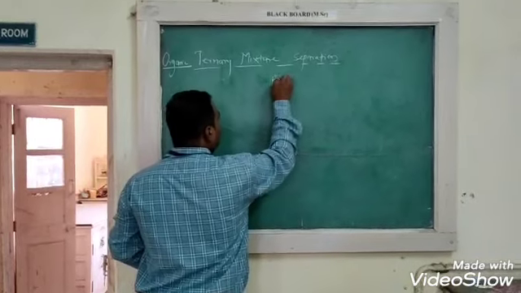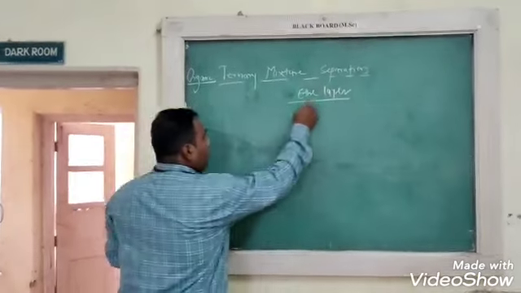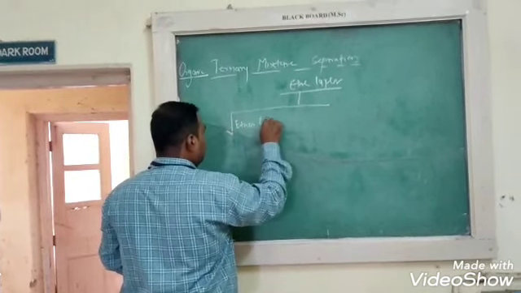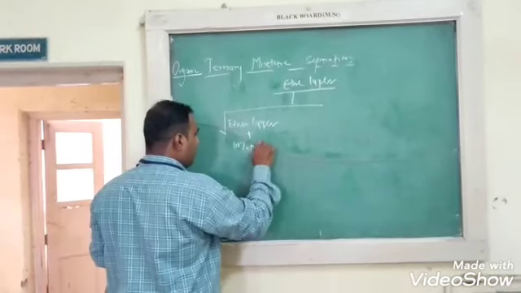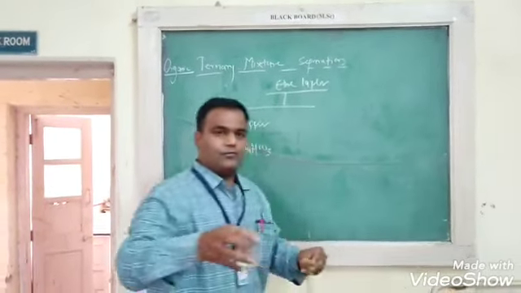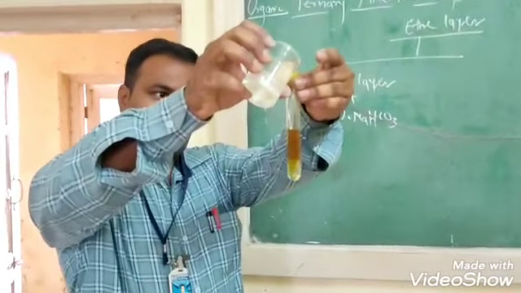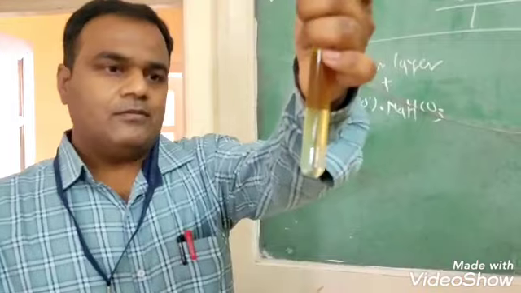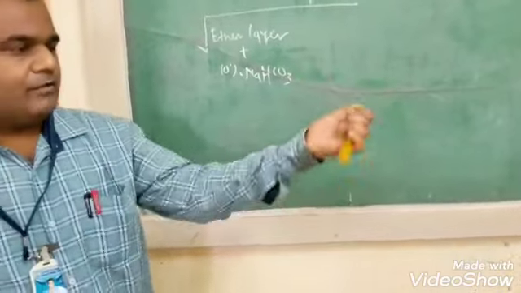This is the ether layer. For the confirmation of acid, add 10% sodium bicarbonate solution to this ether layer. Now we add the sodium bicarbonate to the ether solution and shake it well.